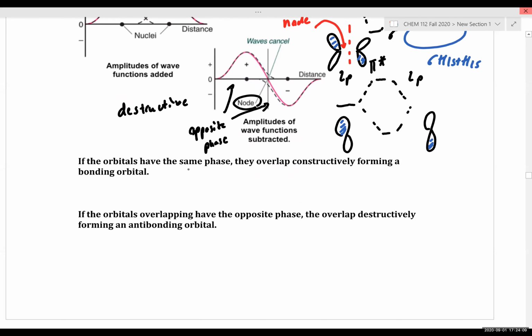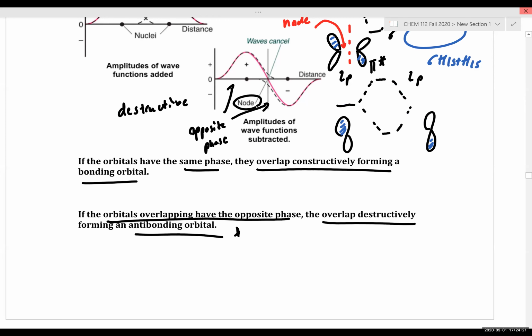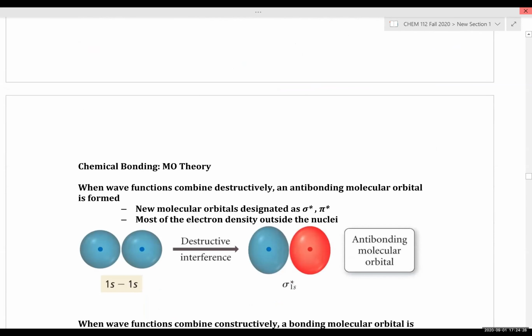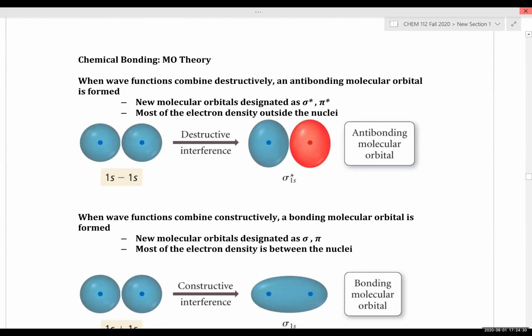If the orbitals have the same phase, they overlap constructively to generate a bonding orbital. If the orbitals have opposite phases, they overlap destructively, forming an antibonding orbital, denoted with a star. Just to reiterate this idea with a picture: when wave functions combine destructively, an antibonding molecular orbital is formed.